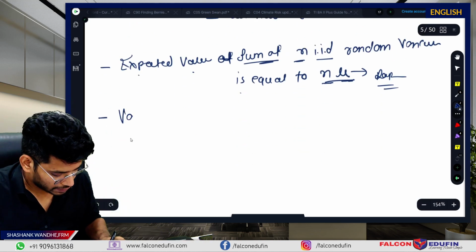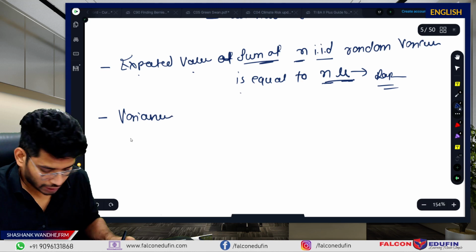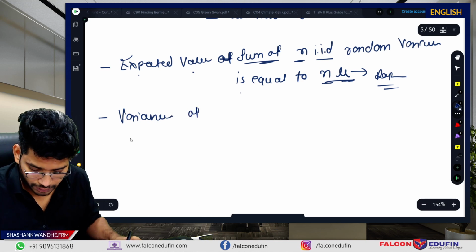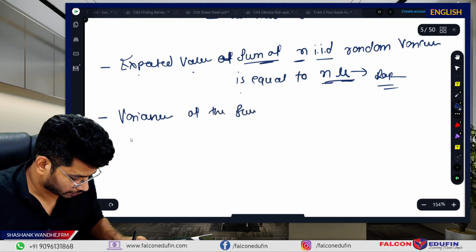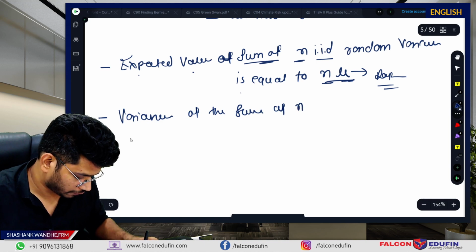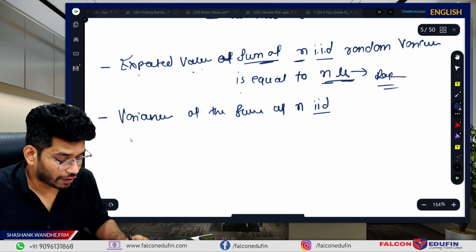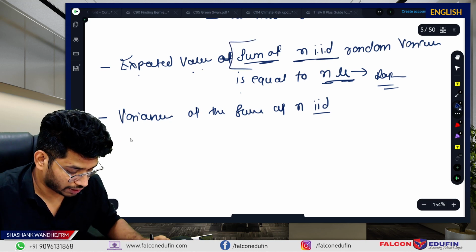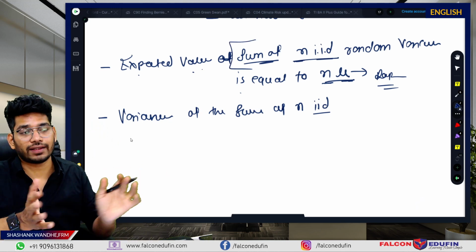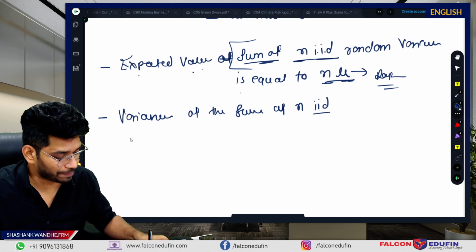Then variance. Variance of the sum of n IIDs. Okay, one more thing, this is the sum of IIDs.